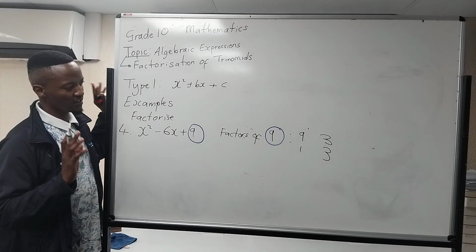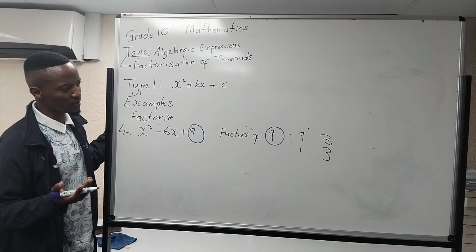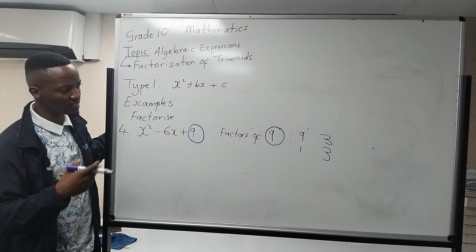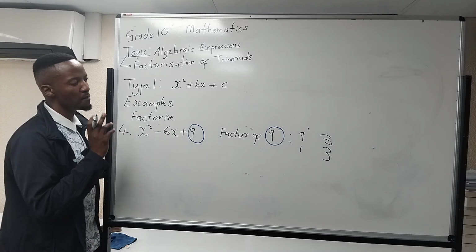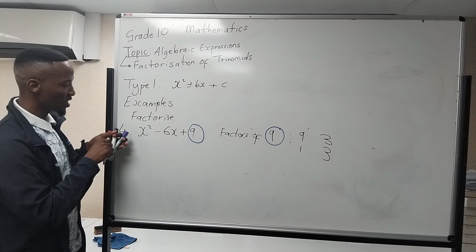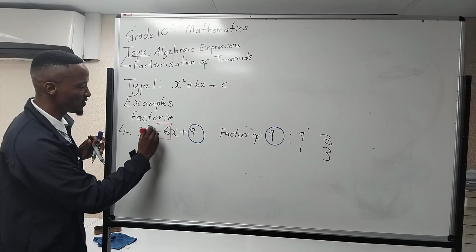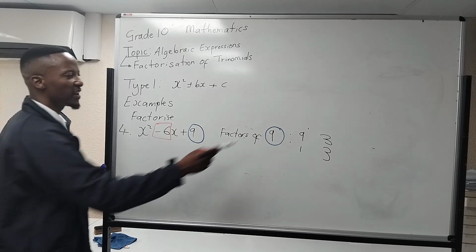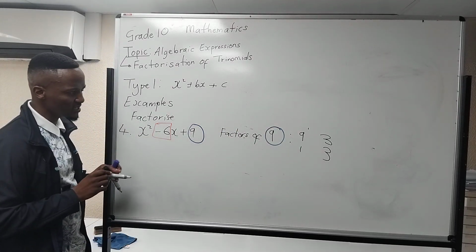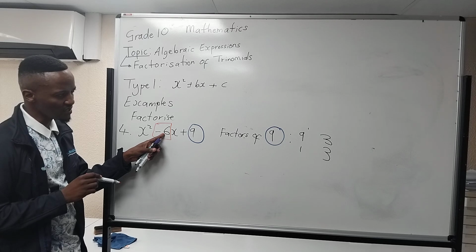We have found the factors. Now step number 2, we have to select the factors and the signs that will give the middle term, which is the coefficient of x. Our middle term here is -6. So we have 9 and 1. When you look at 9 and 1, it will not assist us to get -6.